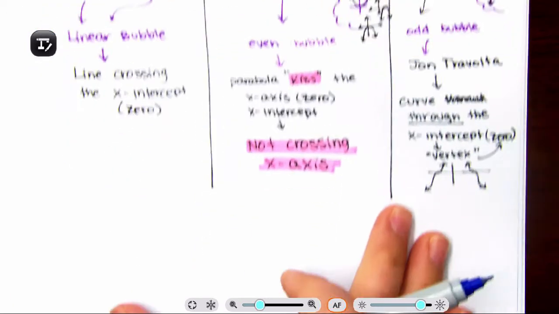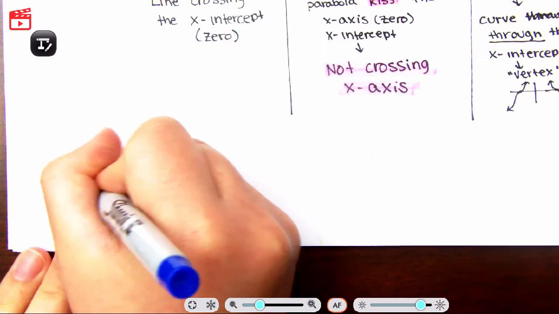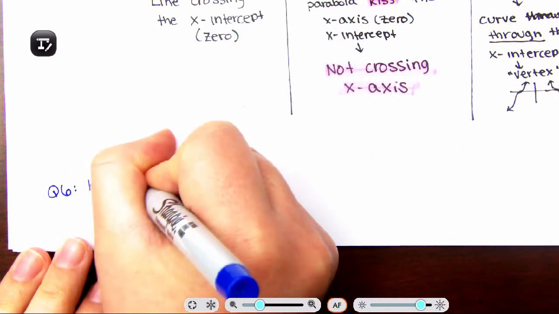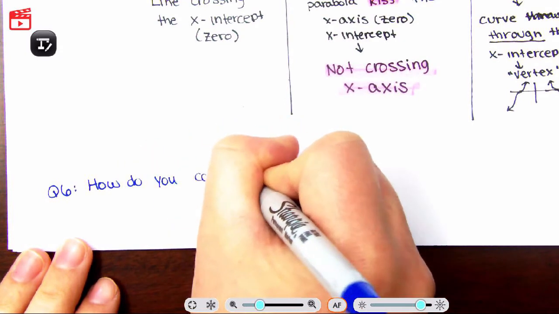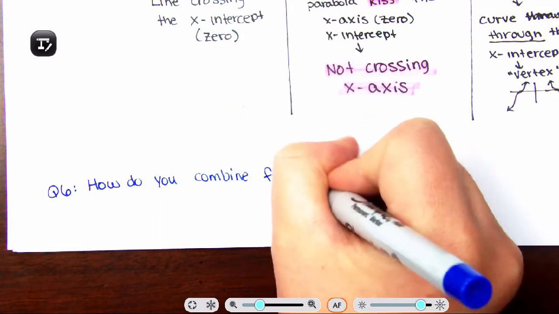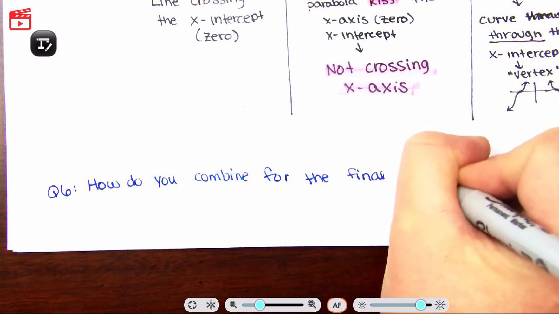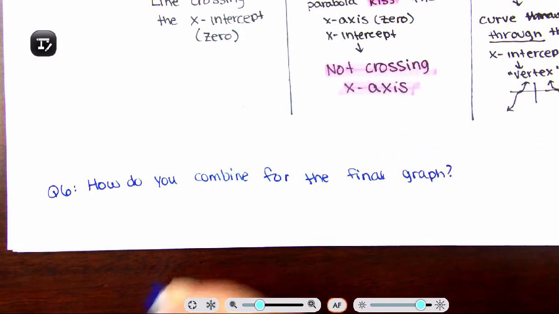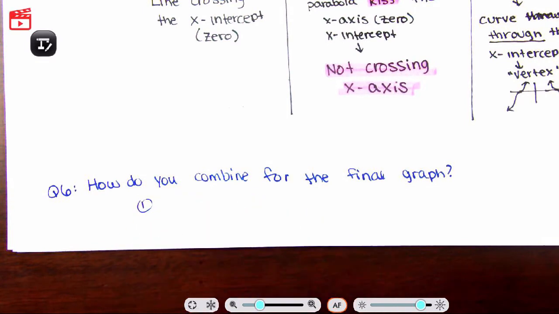Since you have a function, how do you combine for the final graph? When you combine for the final graph, you need to make sure that you remain a function.